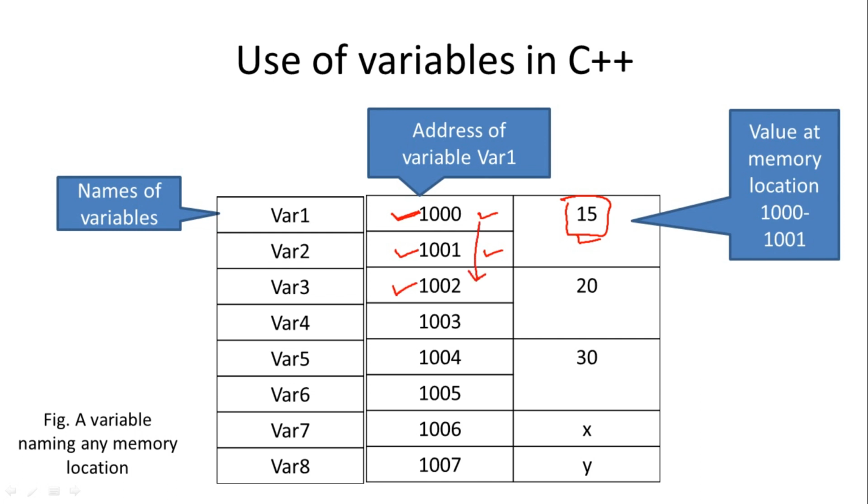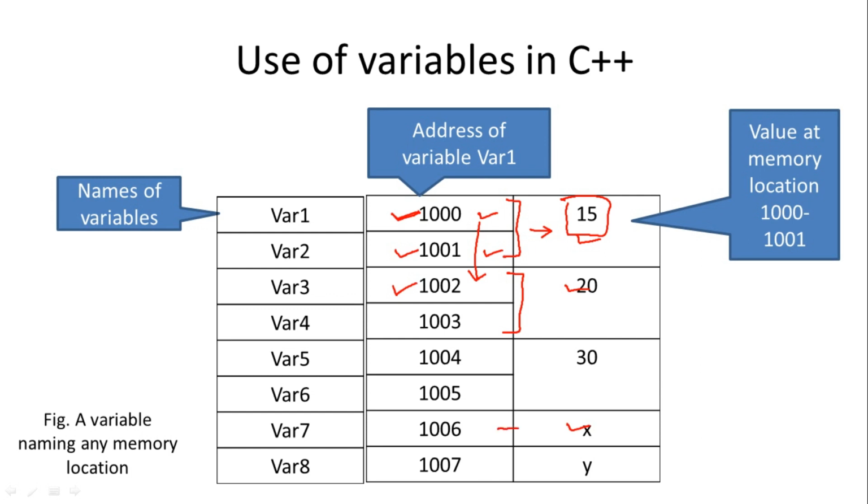For an integer, 2 bytes are required, so 2 contiguous locations, that is 1000 and 1001, will be allocated to 15. Similarly, 20 is also an integer, so 2 contiguous locations, that is 1002 and 1003, will be required for storing 20. Now for storing characters, only 1 byte is required.